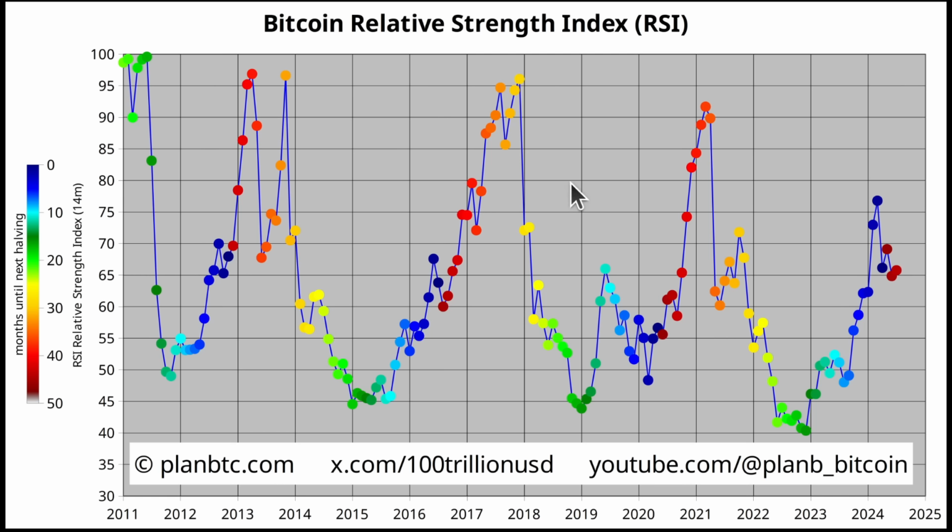It's a lot higher for Bitcoin, which is understandable because Bitcoin has been in an uptrend for its entire life.